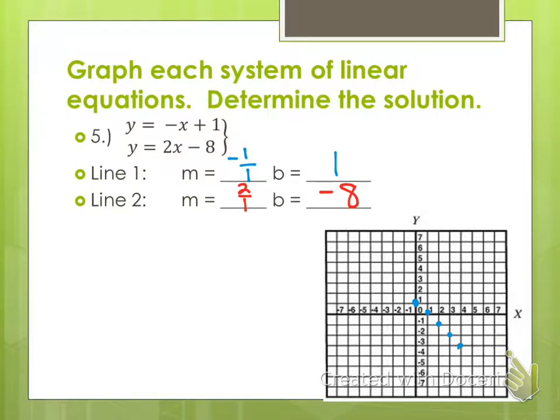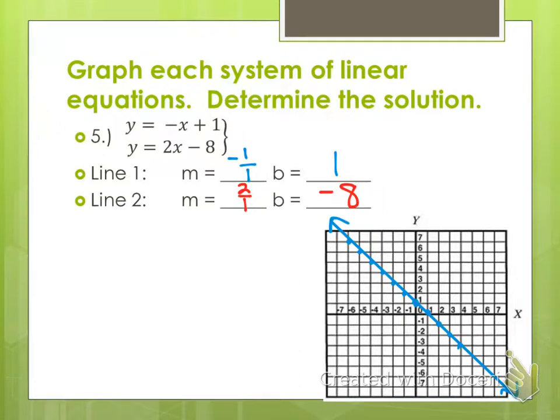Put several points on there. If we go down and to the right, we could also go up and to the left. Once you have several points on there, then you can plot your line. Okay, there is our first line, all the way through that graph.